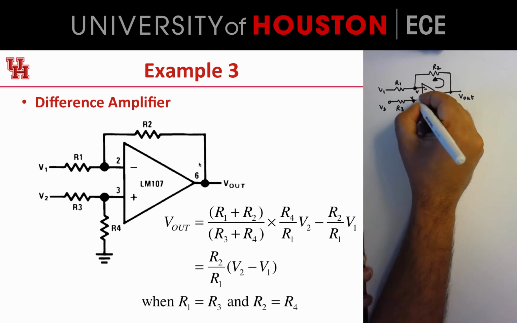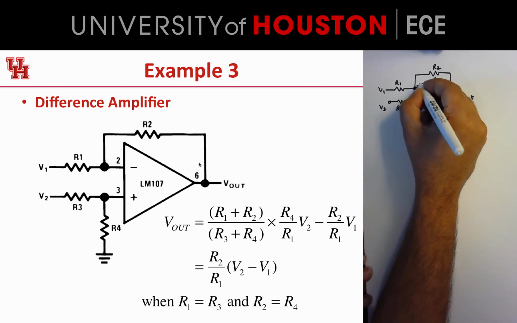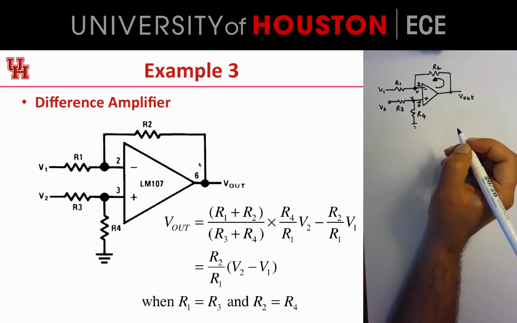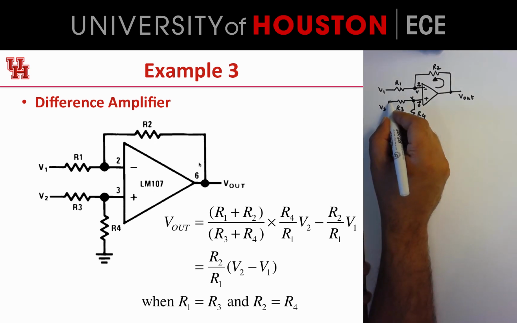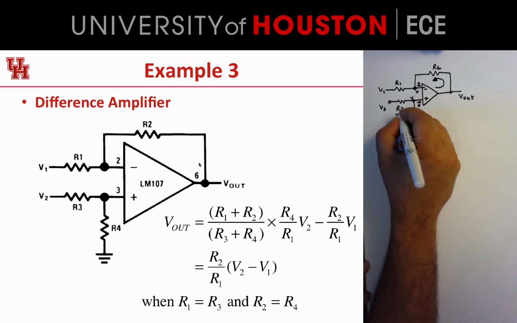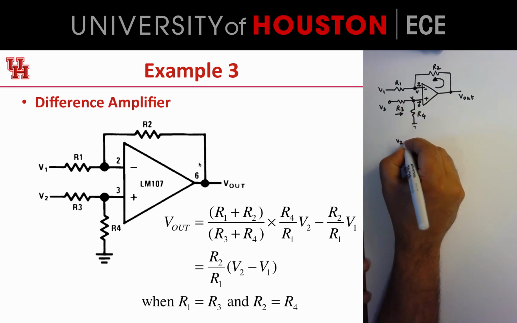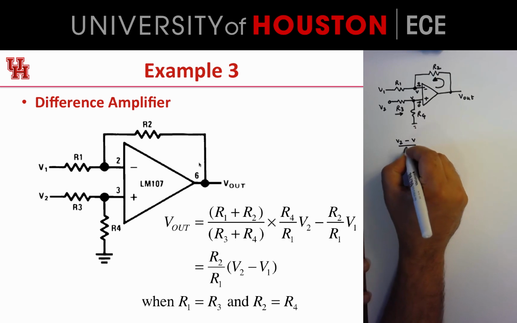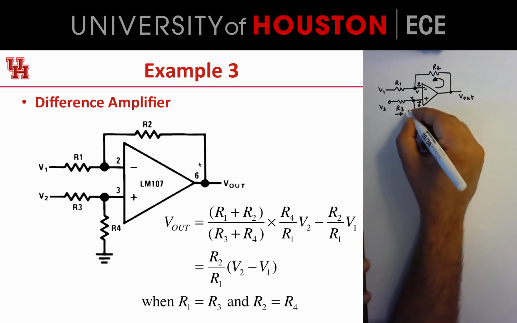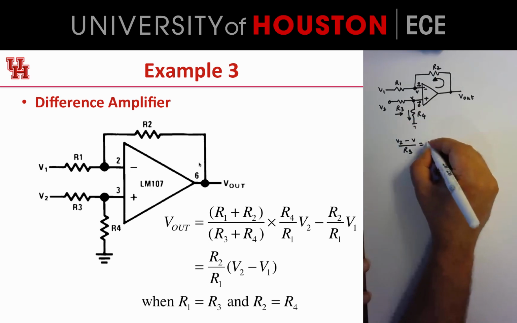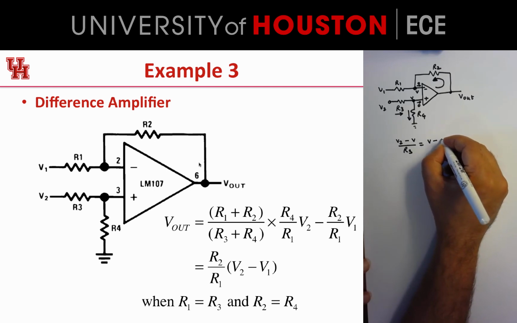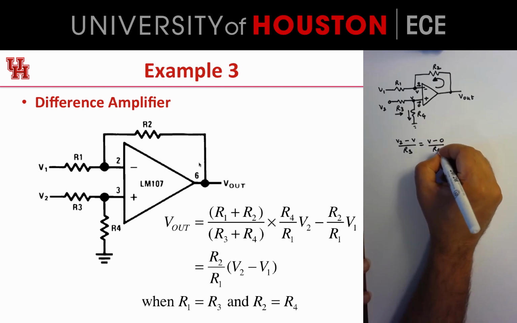There's no current going in here, and there's no current going in there. So everything else is pretty straightforward. Now we can solve for the current that's going in here. It's V2 minus V divided by R3, and all of that current goes in like that, which is V minus 0 divided by R4.